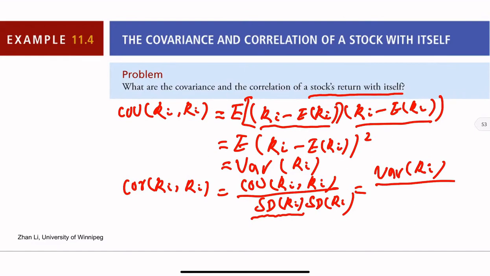So basically, standard deviation squared equals variance. So this is 1, right? So the correlation of a stock return with itself is 1. This is easy to understand. We have learned if you have a correlation of 1, then you could say that these two returns are perfectly correlated. And this is obvious. A stock's return is obviously perfectly correlated with itself. So you will get a correlation value of 1 here.